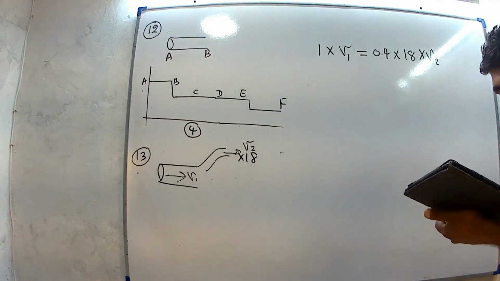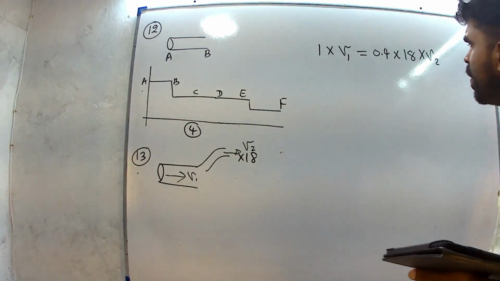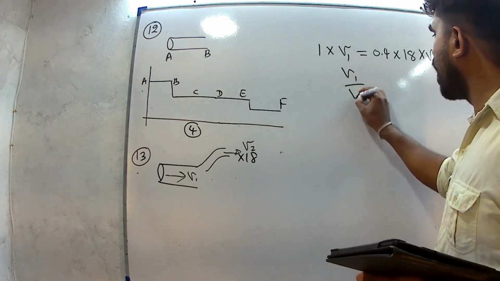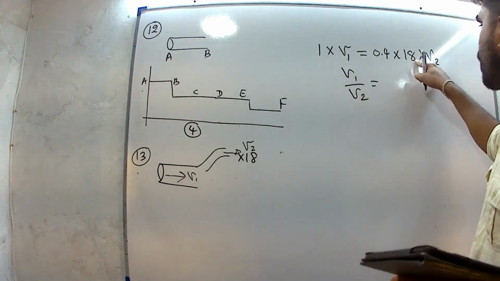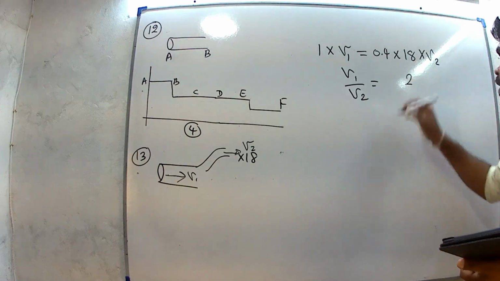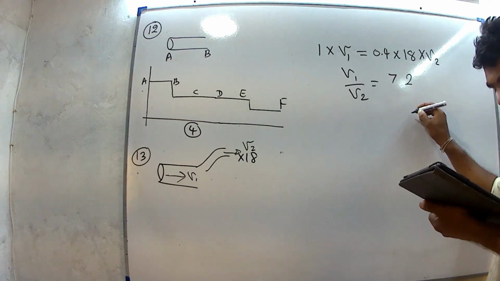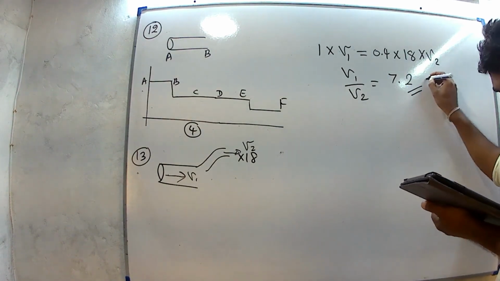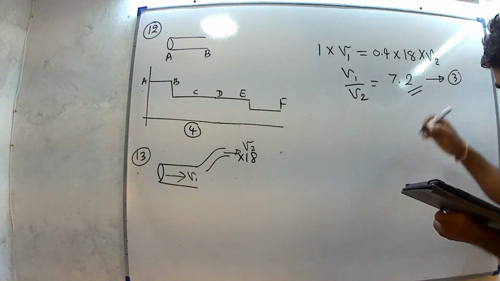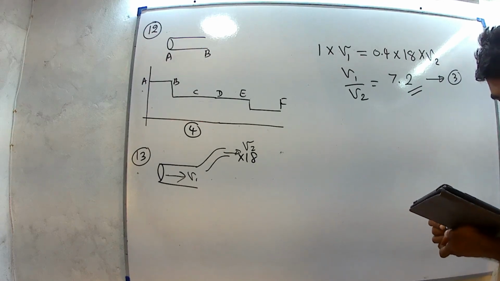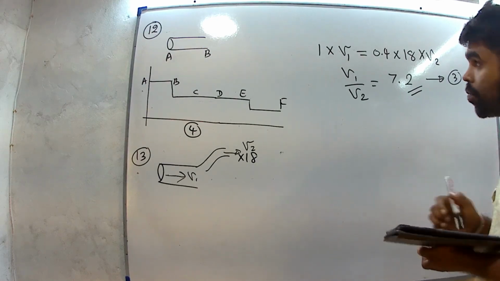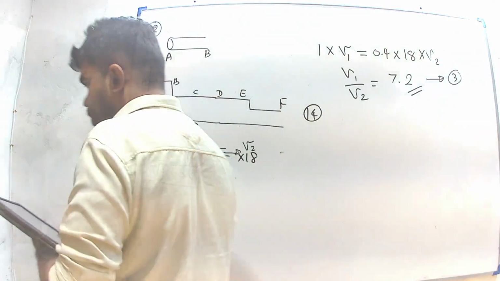Now we have to find the ratio between V1 and V2. V1 divided by V2: 4 into 18, 4 into 8, 32, 3 remaining, 4 into 1, 4 plus 3, 7. 7.2. Then the answer is C for question number 13. Then question number 14.